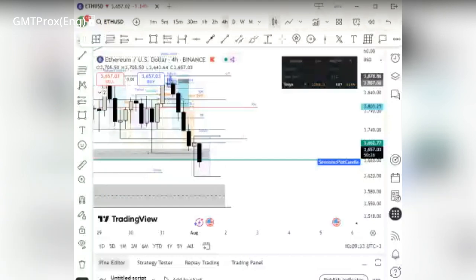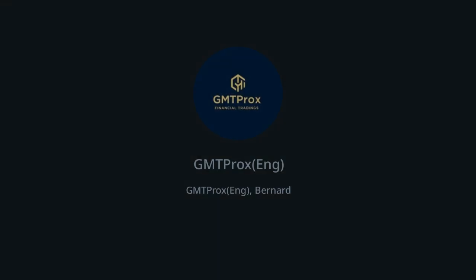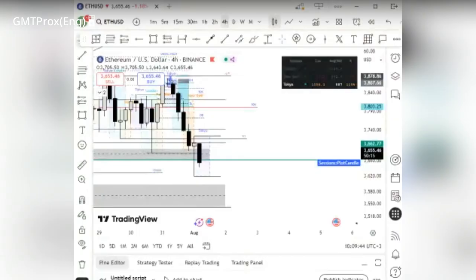Where do we begin? First of all, we have to define what is candle range theory, CRT.